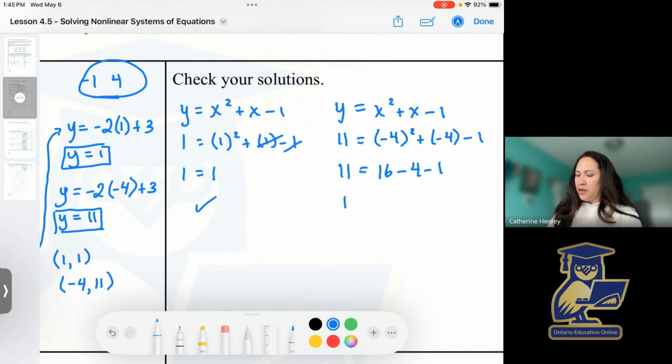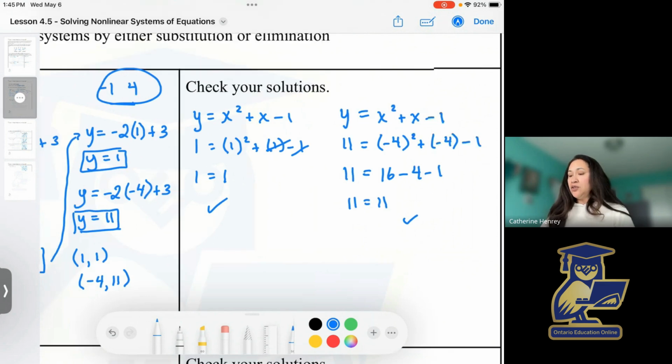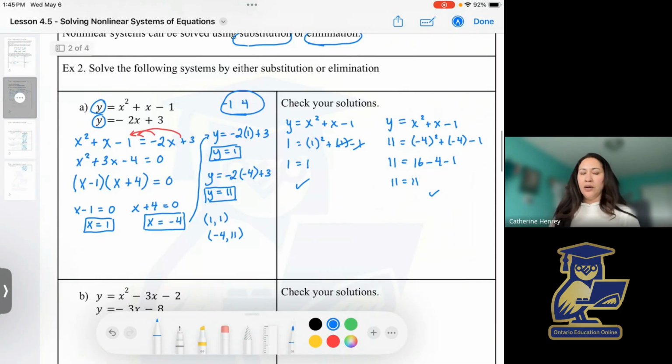So 11 equals 16 minus 4 is 12, minus 1 is 11. So we were able to use elimination and then factor the quadratic to find two solutions for our nonlinear system.